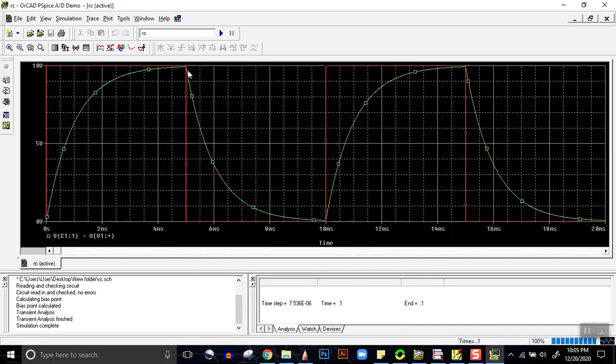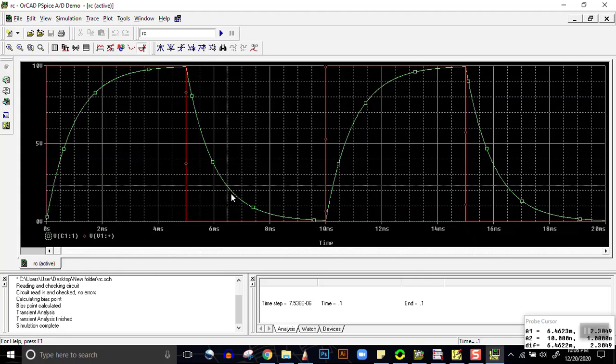Now this is the falling or discharging period, from 5 milliseconds to 10 milliseconds. You press toggle cursor and click on a random point. After clicking, you take the value of this point.